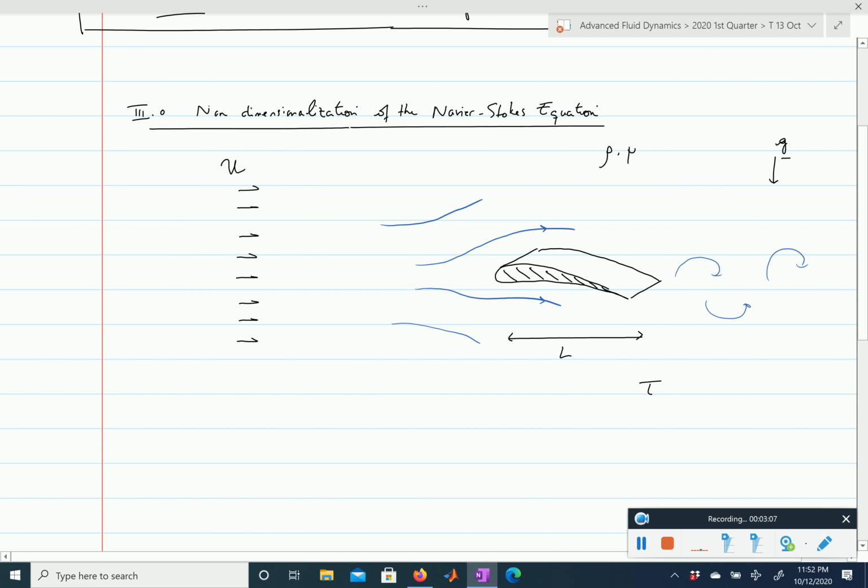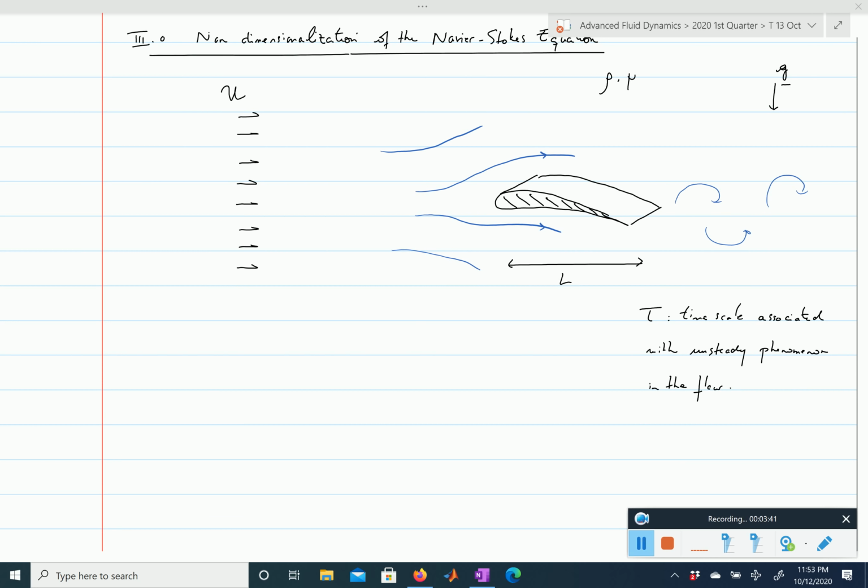This is in our particular example. In many examples that you will see, there will not be such a time scale associated with unsteadiness, but for now, we'll assume that we could have one. For example, one such phenomenon could be vortex shedding.